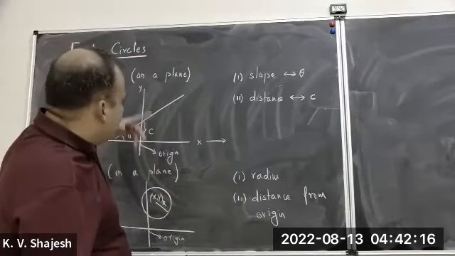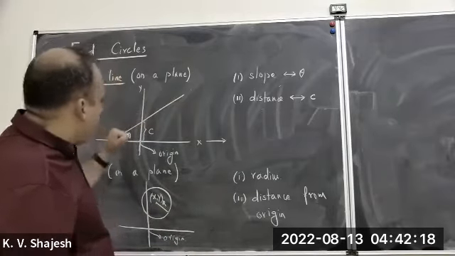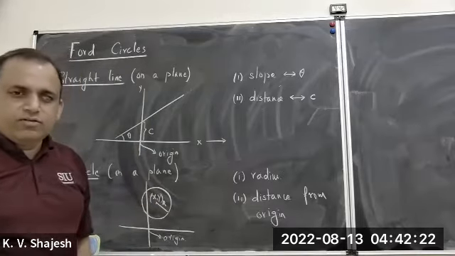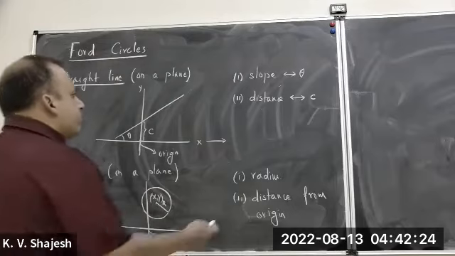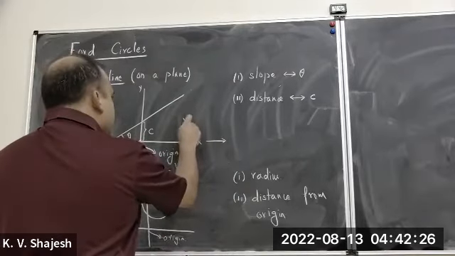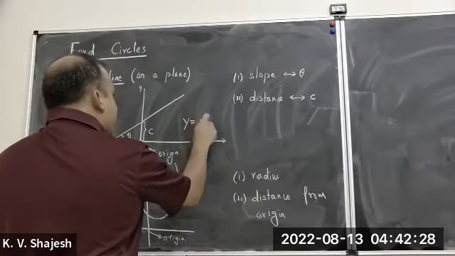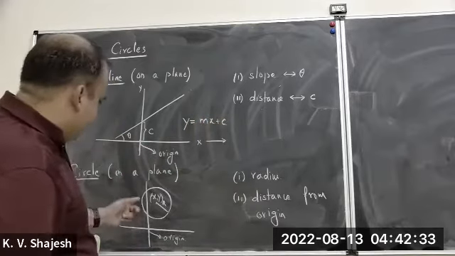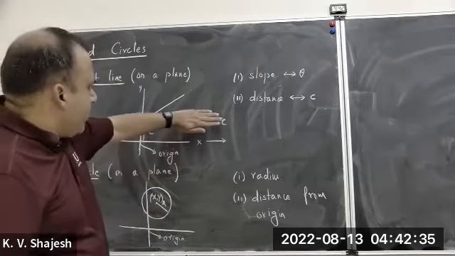So think of it geometrically instead of coordinate geometry. I'm just saying it is not necessary to use the coordinates. But if you really want, then in terms of coordinates, this is y is equal to mx plus c. That's the equation describing that. And similarly, x squared plus y squared is equal to r squared. But I don't want to go there.